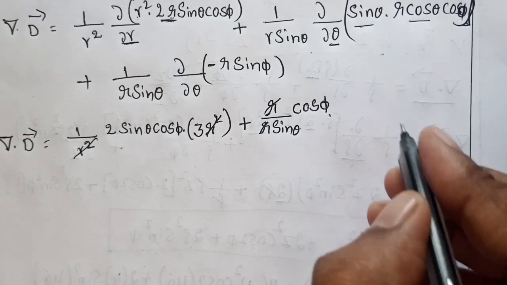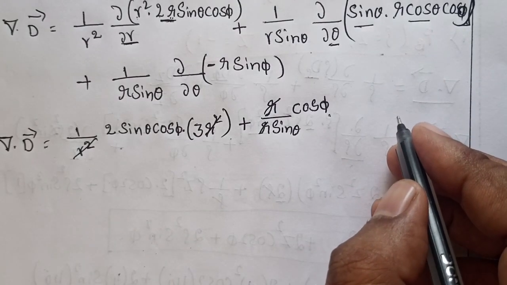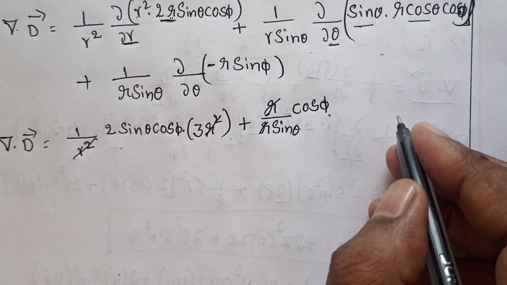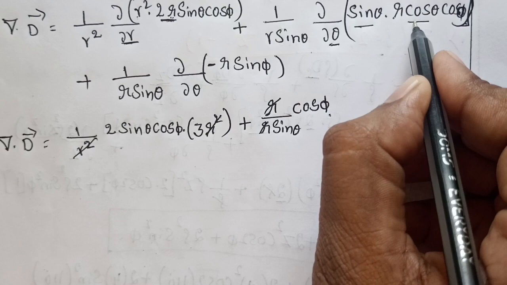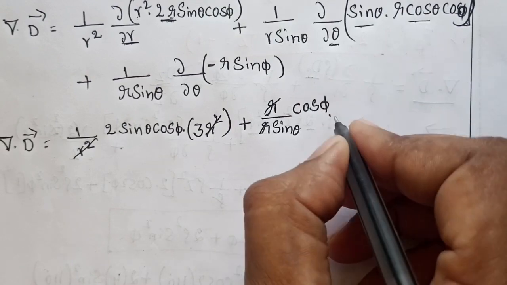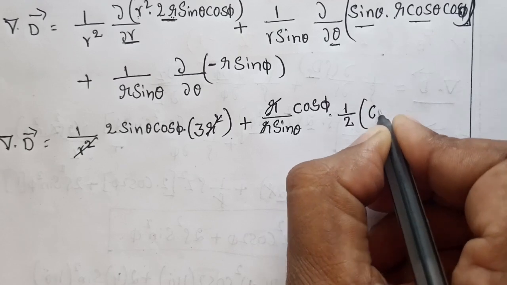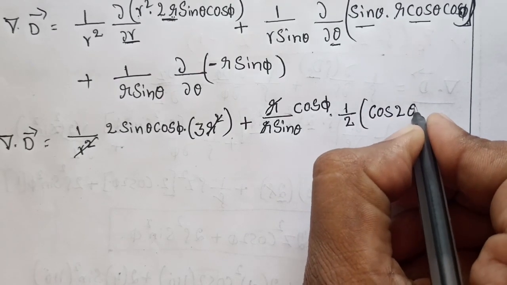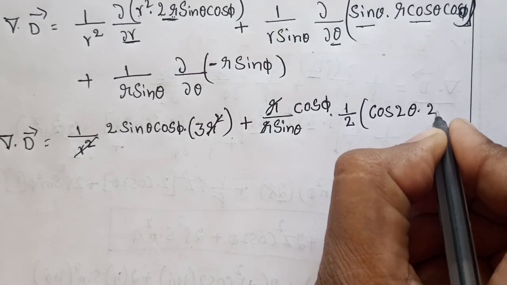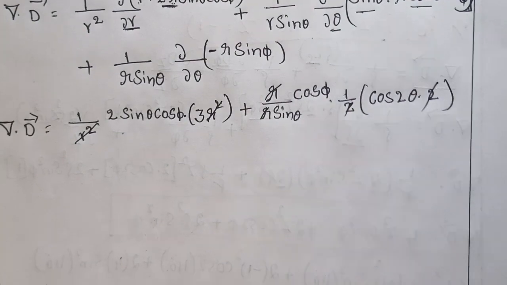I can write it as sin 2 theta is 2 sin theta cos theta, or sin 2 theta by 2 can be written as sin theta into cos theta. So taking the derivative, 1 by 2 I can bring outside, the derivative of sin 2 theta is cos 2 theta into 2. Again the 2s get cancelled, so you remain with this. This is the second term.